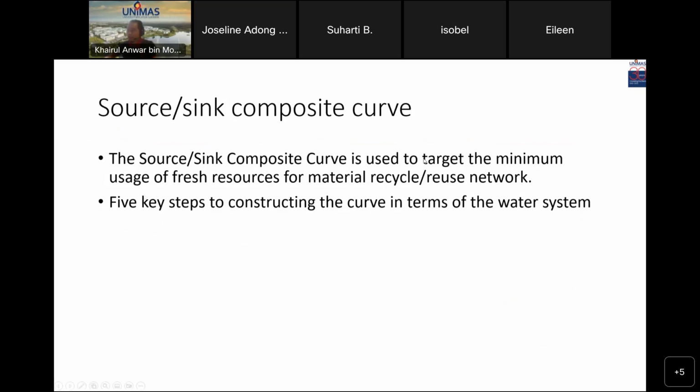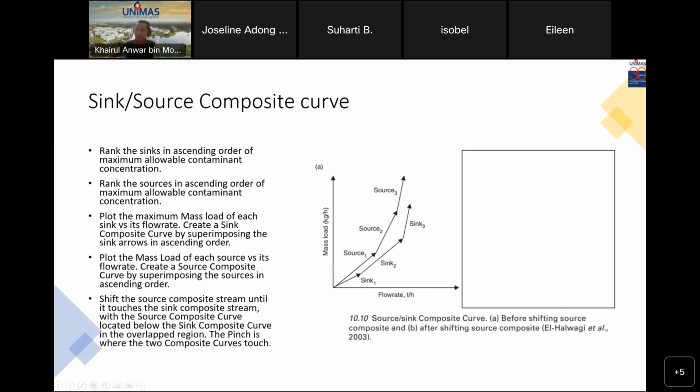Source sink composite curve. The source sink composite curve is used to target the minimum usage of fresh resources for a material recycle or reuse network. There are 5 key steps to construct the curve in terms of the water system. This is the 5 steps.